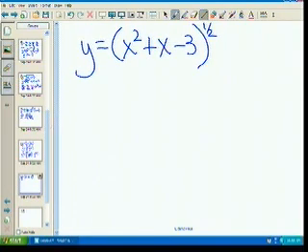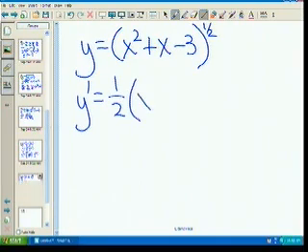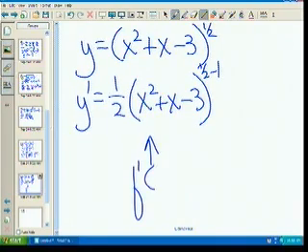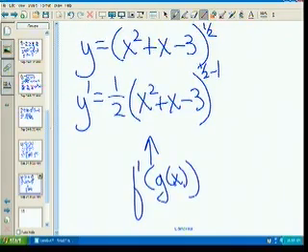So if we took the derivative of the outside function, it would be 1/2 times the same inside function to 1 degree less. So that's the f prime of the g of x. That's that part. And then we'd have to finish that up with the derivative now of the inside function, which is 2x plus 1.